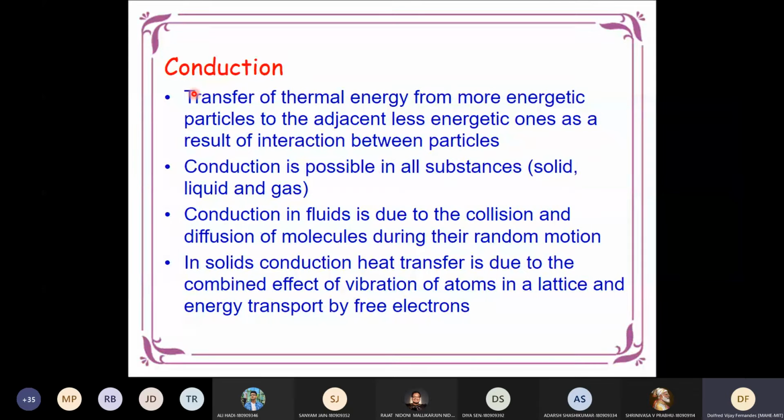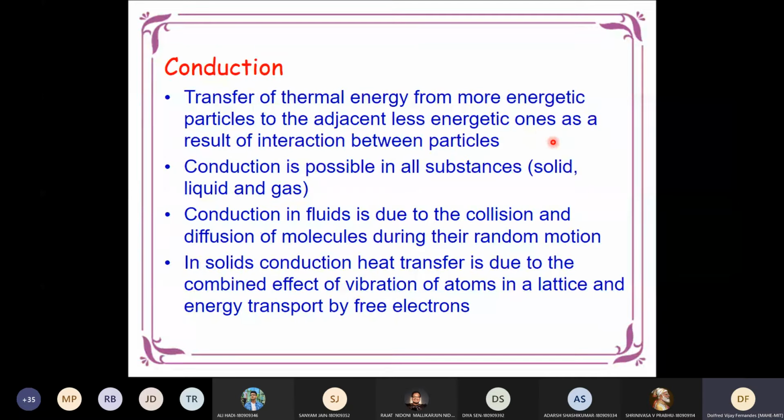It will be at a position fixed in the lattice, but it will vibrate more and more as the material gets hotter and hotter. So that is the random vibration of the particles, and this energy transfer takes place from adjacent particles to the next nearest particle, and this propagation will take place from one particle to the other particles.